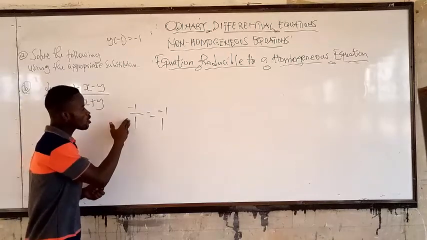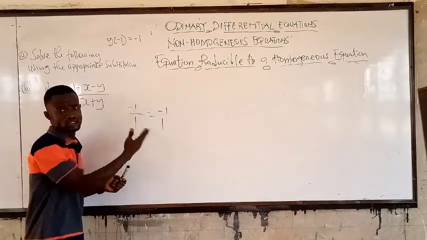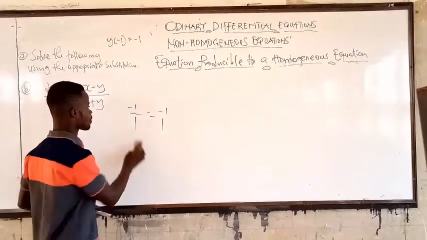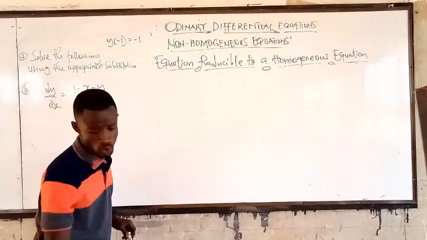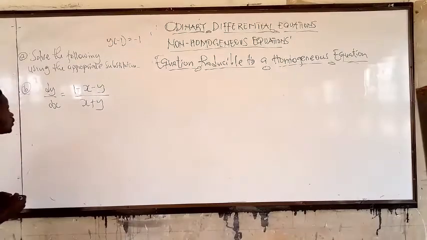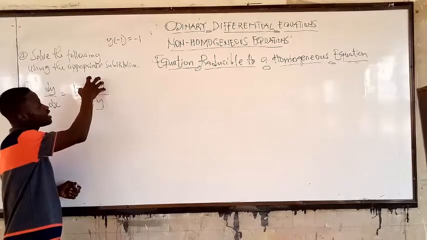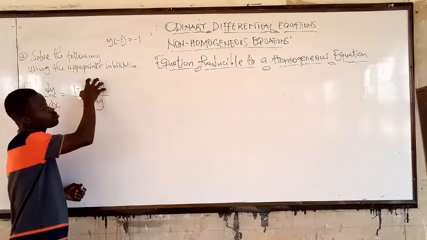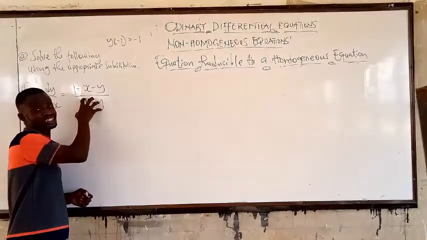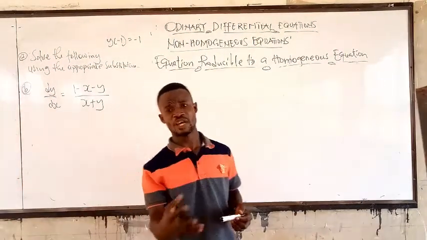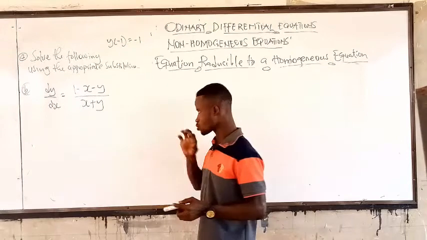Oh, -1/1 is equal to -1/1, so this is equal to this. So this is straightforward, a case 2 question. This is a case 2, and if it's a case 2, then we have to get something in the numerator here, which is the same as the one in the denominator. So how do we get that? Looking at the first question that we saw, it was straight away there.